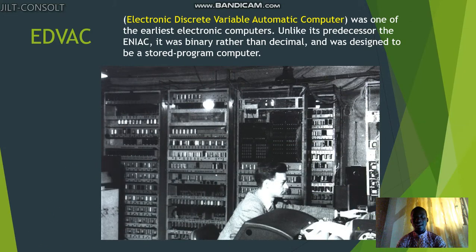The EDVAC, or the Electronic Discrete Variable Automatic Computer, was one of the earliest electronic computers. Unlike its predecessor, the ENIAC, so we have the ENIAC before the EDVAC if I may say, it was binary rather than decimal, and was designed to be a stored program computer.